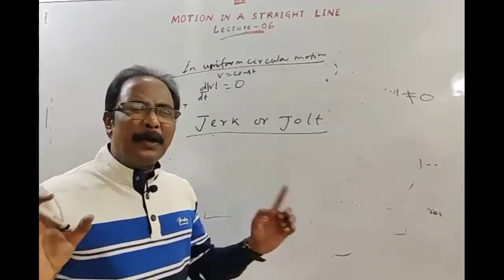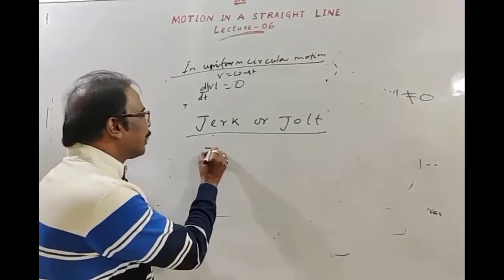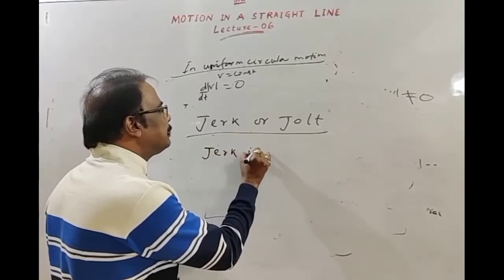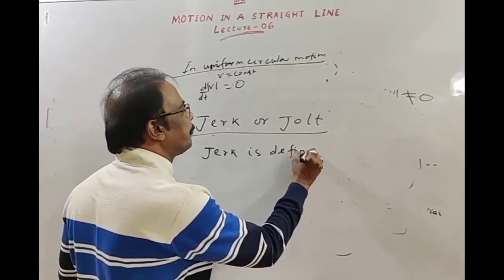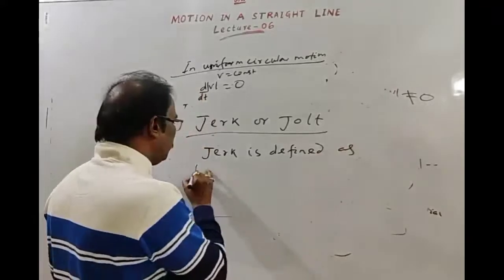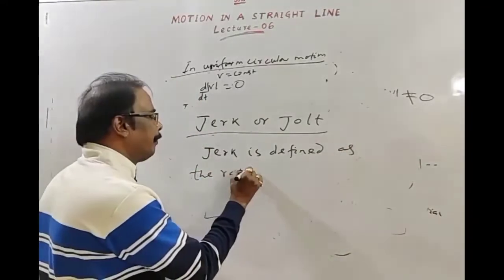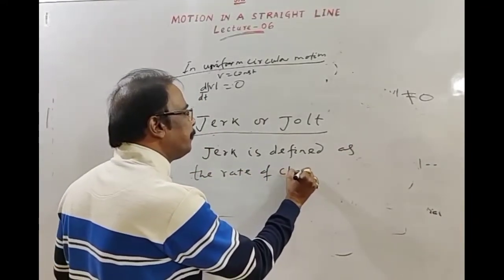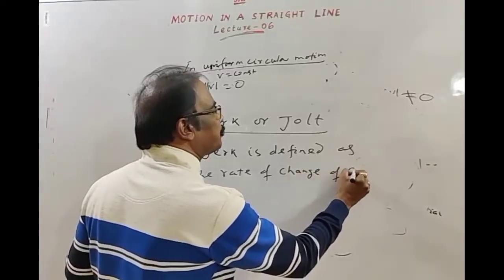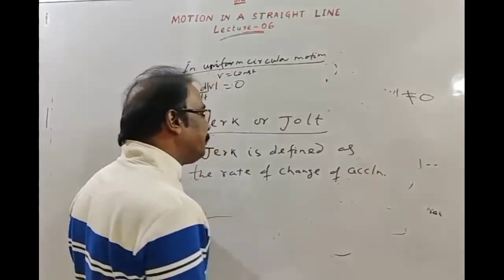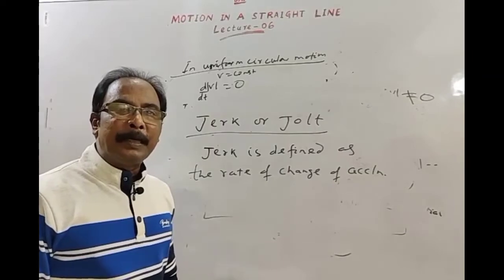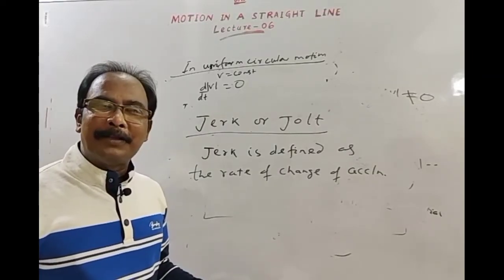Just you should have a fundamental idea. Jerk is defined as the rate of change of acceleration. When velocity changes with respect to time, we say acceleration is produced.